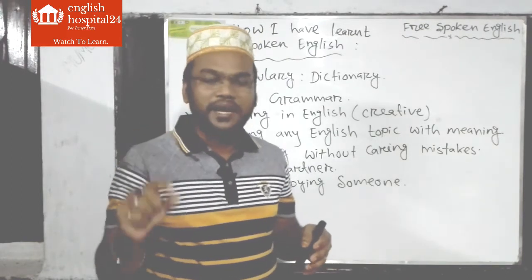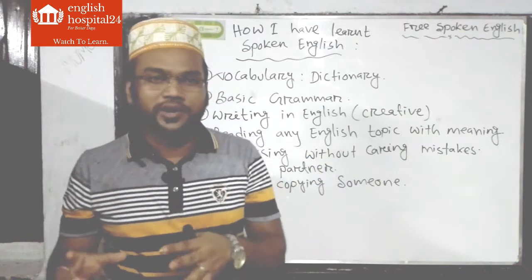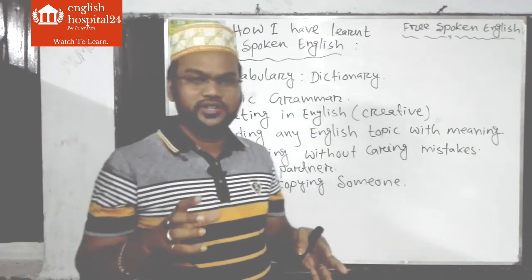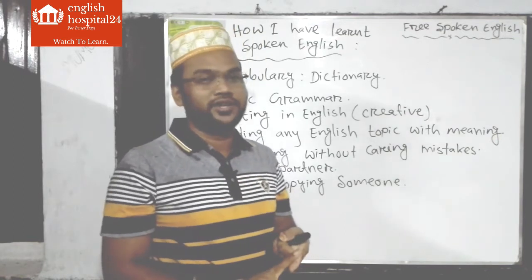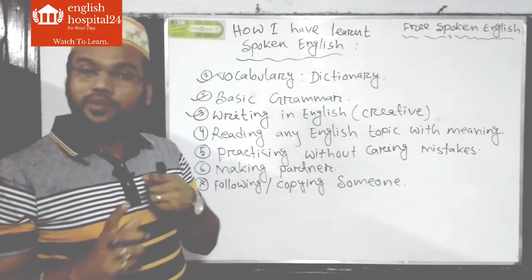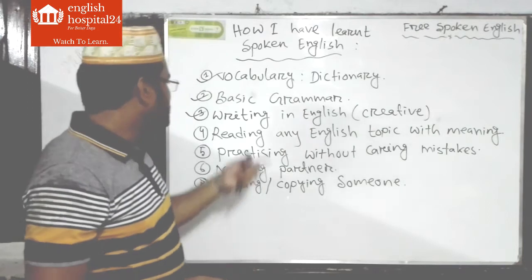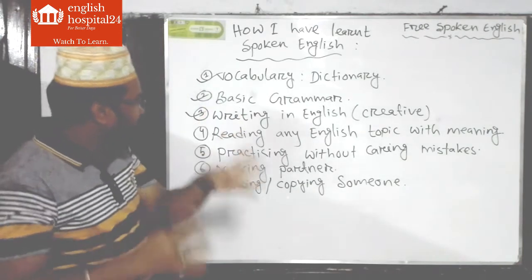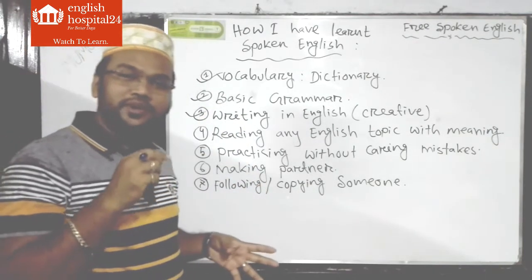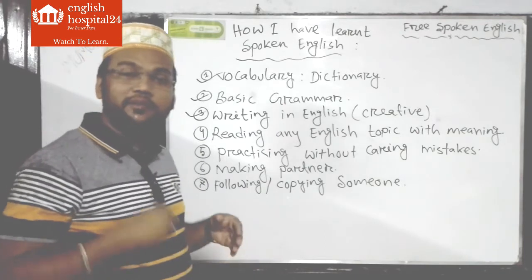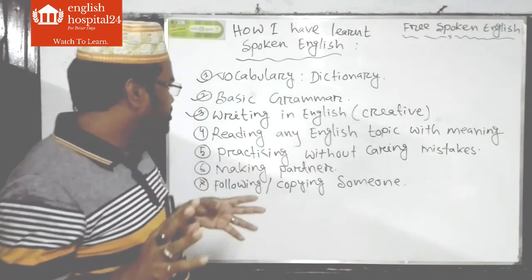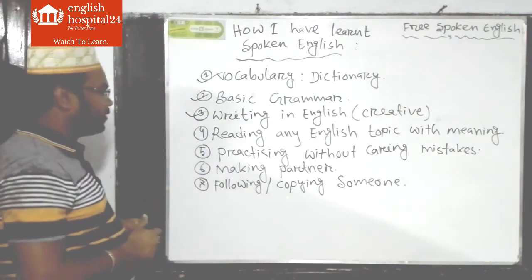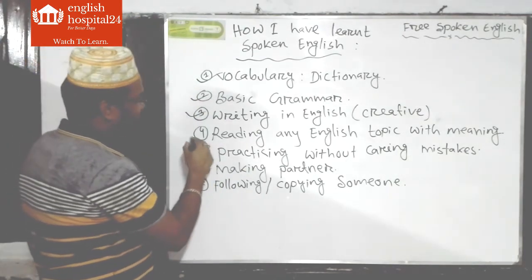That's the main strategy to be expert in freehand writing. You will have to create English sentences to develop your writing skill. So I applied this strategy of writing anything in English by myself, and you will have to try it to become expert in freehand writing.